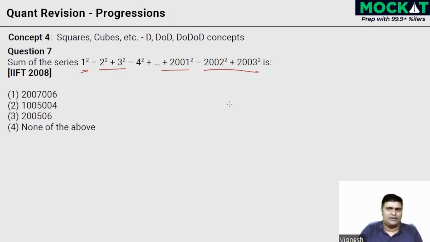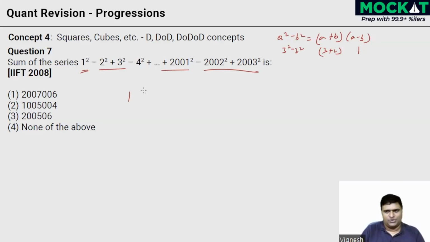But what is the pattern over here? What is the standalone 1 square? That's a 1. What is 3 square minus 2 square? A square minus b square is a plus b into a minus b, right? If I'm taking adjacent squares and subtracting, this 3 minus 2 is becoming 1. So 3 plus 2 into 3 minus 2 becomes 1.